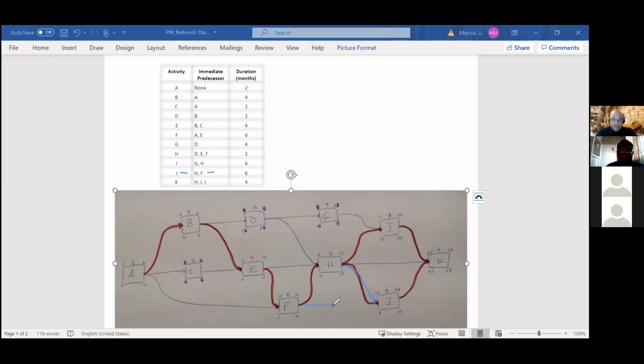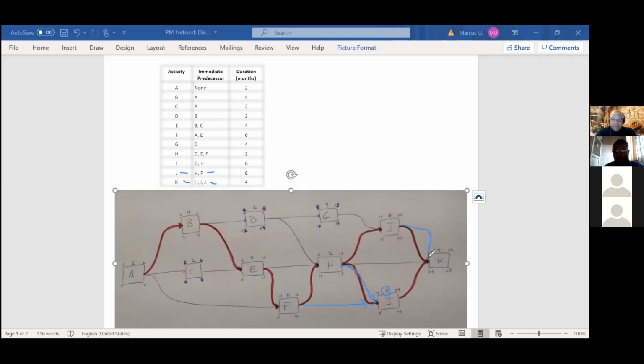Oops. There should be one line here too. That's okay. And the duration is 6. Okay, 6 months. And then activity K, predecessor is HIJ.